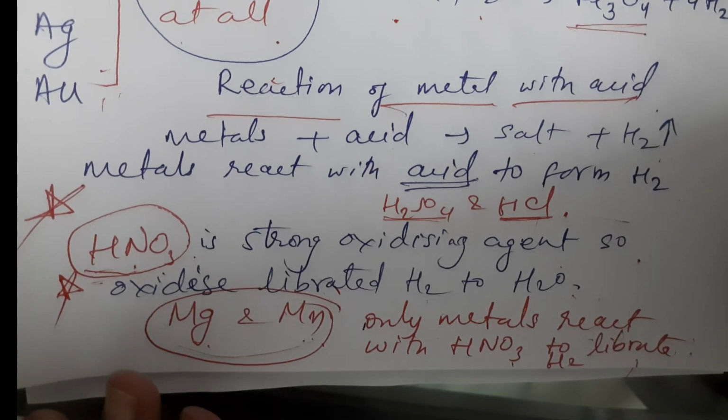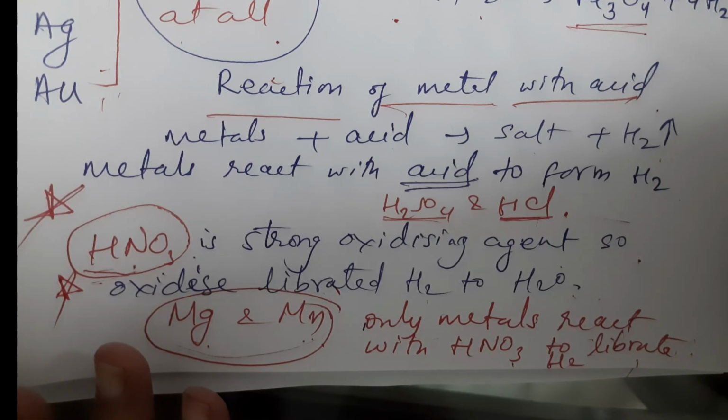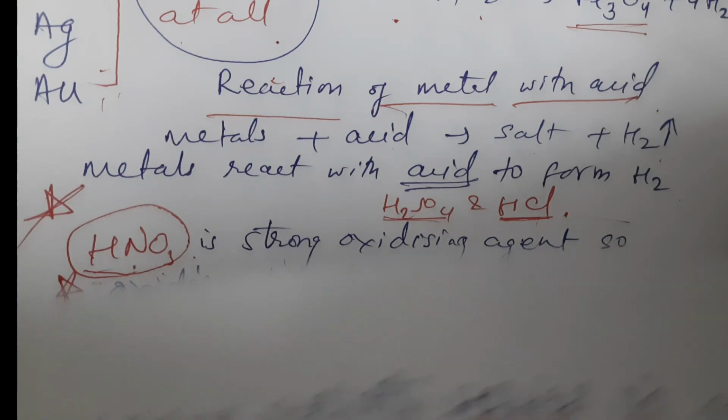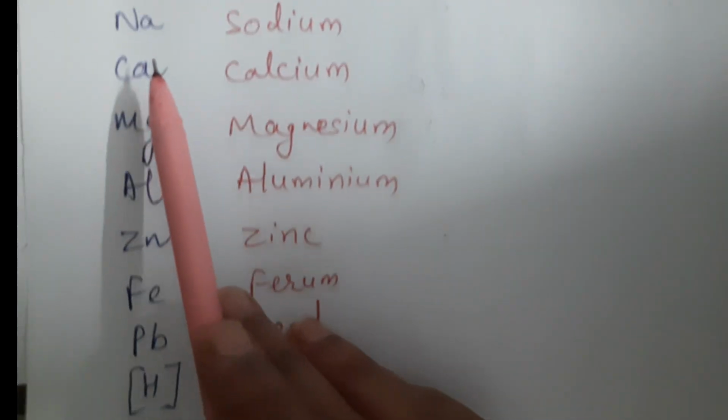Now depending on this, we can prepare the activity series, based on how the metals react with oxygen, water and acids. On the basis of that, the activity series is prepared. It has already been discussed with you, and we arrange the elements in different columns as per their activity.